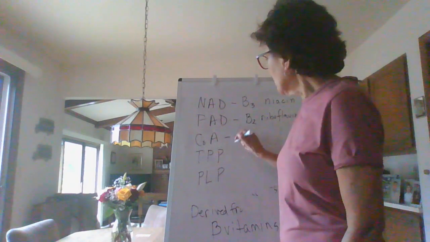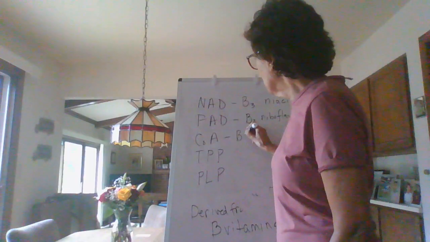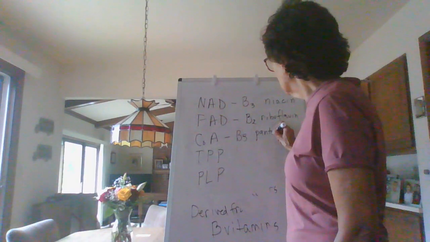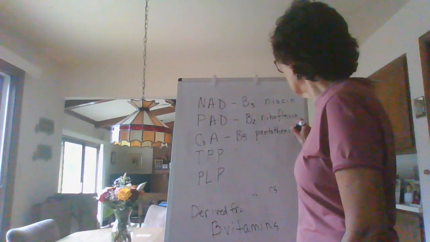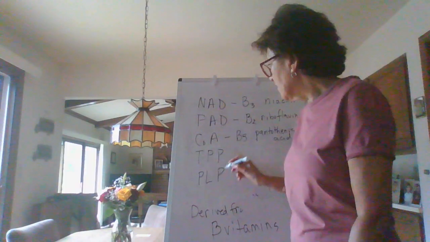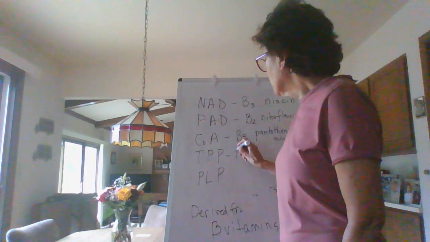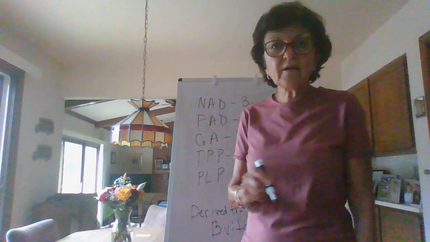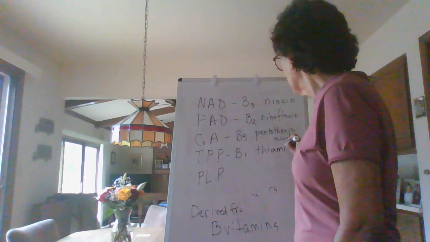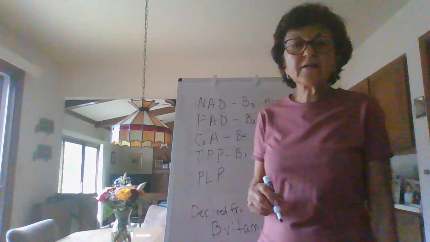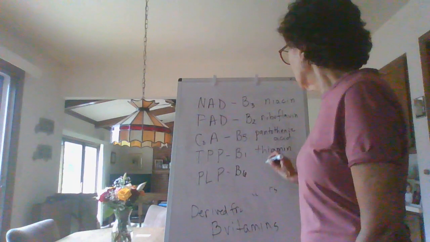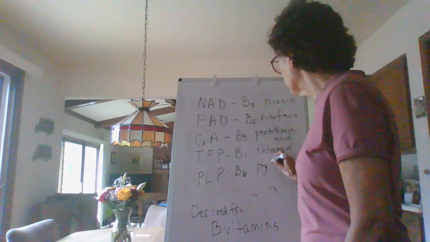CoA is derived from vitamin B5, and this is pantothenic acid. That's the name of B5. TPP, derived from vitamin B1, and the name of it is thiamine. And then finally, PLP is derived from vitamin B6, and its name is pyridoxine.